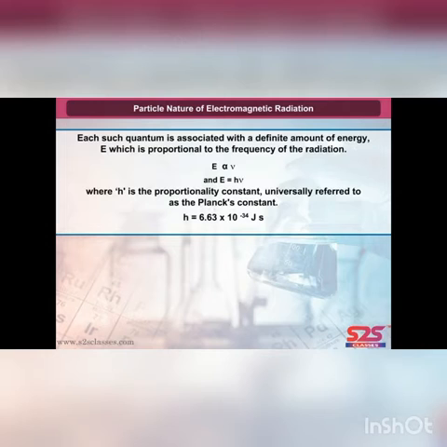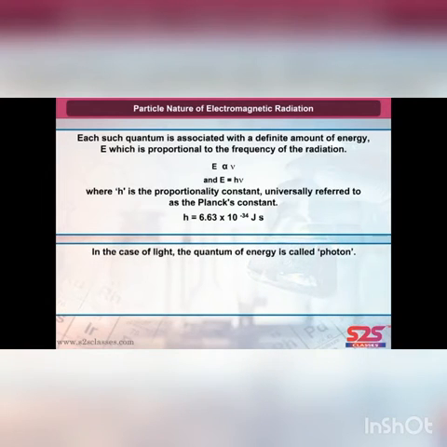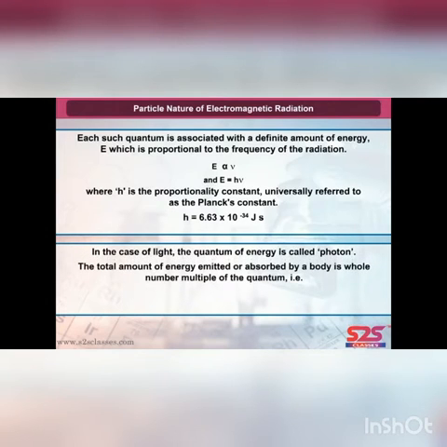Its value is 6.63 times 10 raised to the power minus 34 joules second. In the case of light, the quantum of energy is called photon. The total amount of energy emitted or absorbed by a body is a whole number multiple of the quantum, that is, E is equal to n h nu, where n can take values 1, 2, 3, 4 and so on.